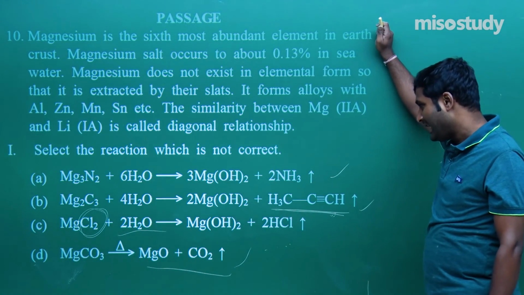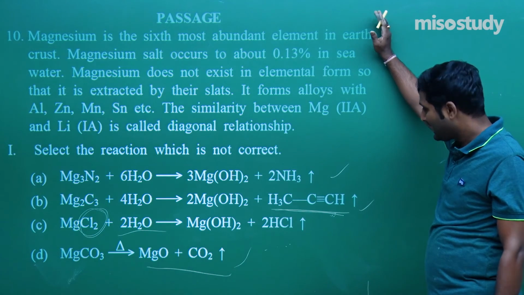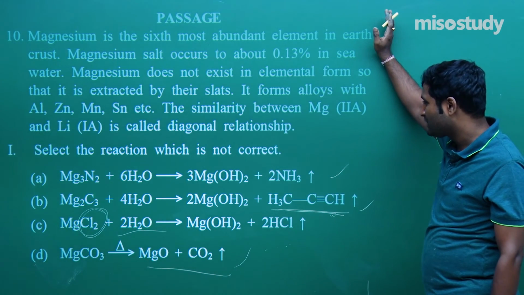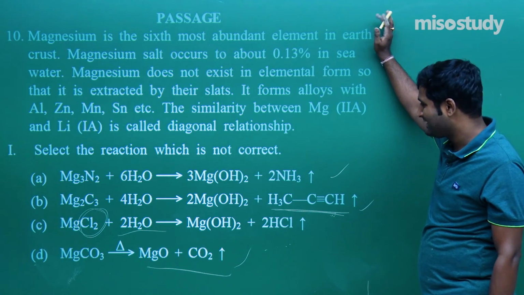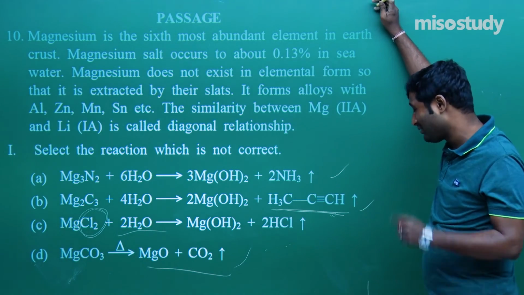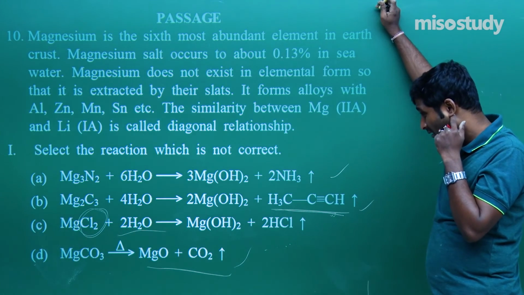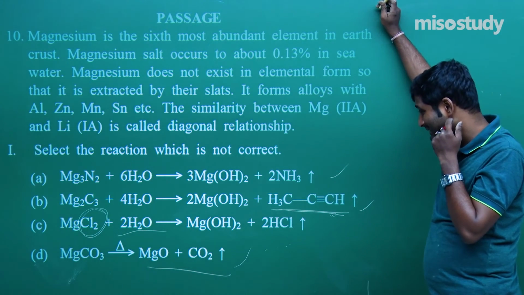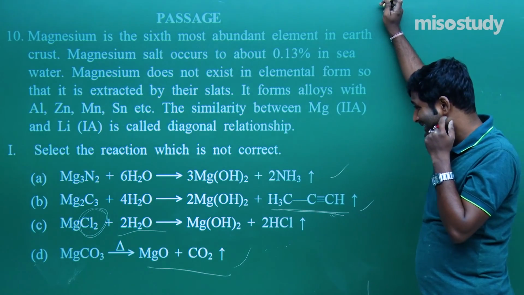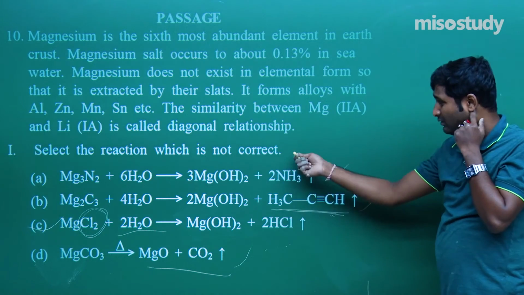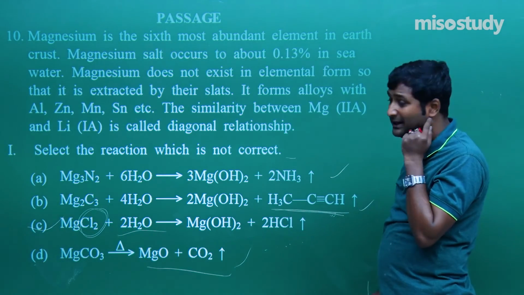So options A, B and D are possible, and the question is to select the reaction which is not correct. So Cl minus ion is not easily hydrolyzed, friend, this reaction is not possible. So in this case we can say, sir, the answer is C. This is the wrong reaction. So where is the not correct? Not correct is C. Clear?